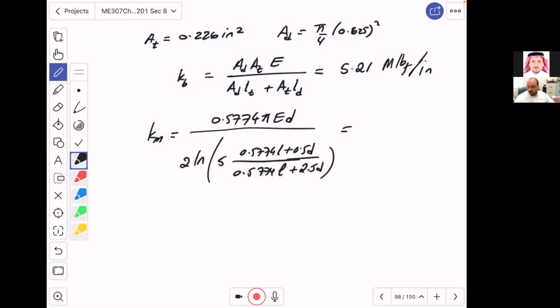If you calculate all of this, you will get 8.95 megapound force per inch. Good. Do you have any questions?